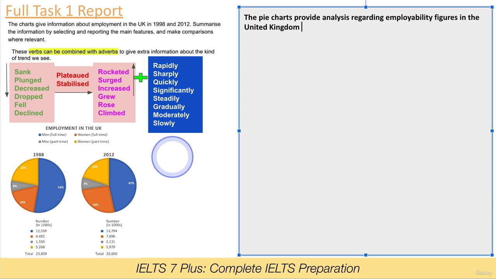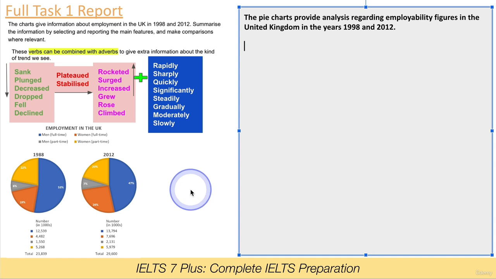So we're paraphrasing where we can, putting it into our own words. In the years 1998 and 2012. The pie charts provide analysis regarding the employability figures in the United Kingdom in the years 1998 and 2012. Okay, I think that's good.